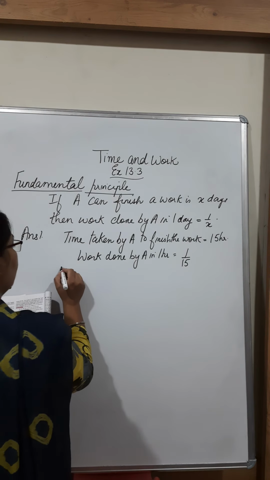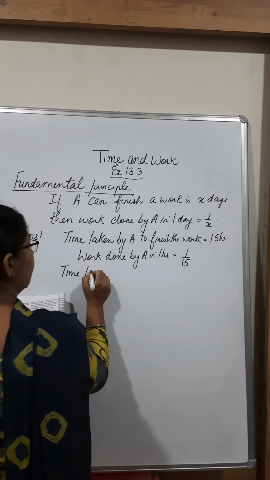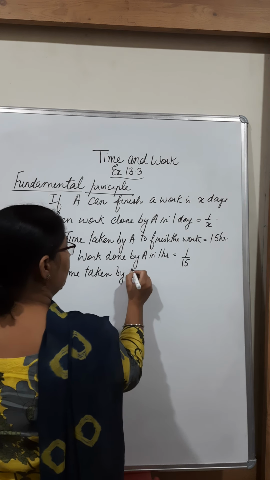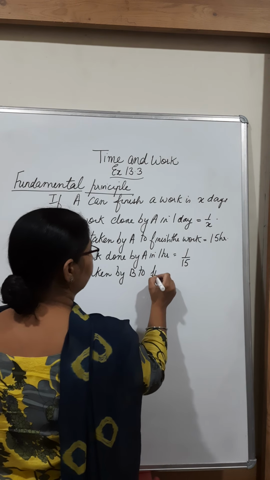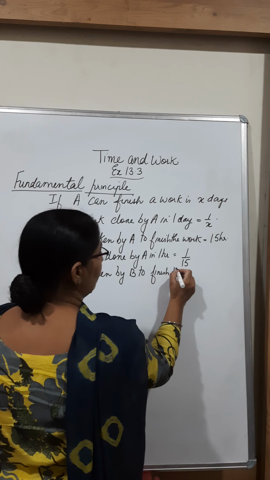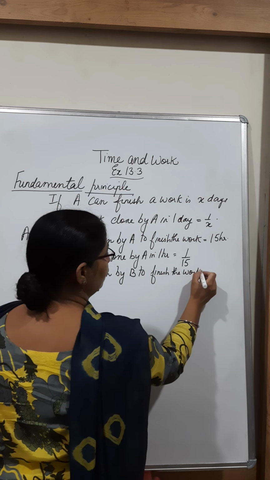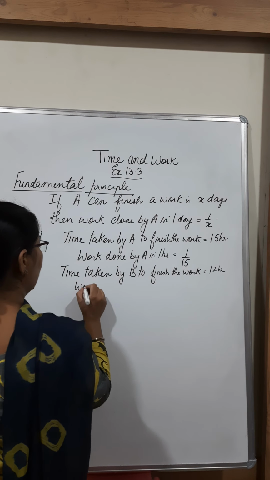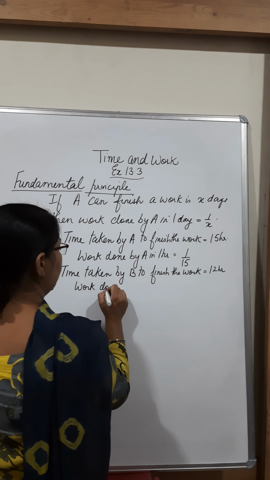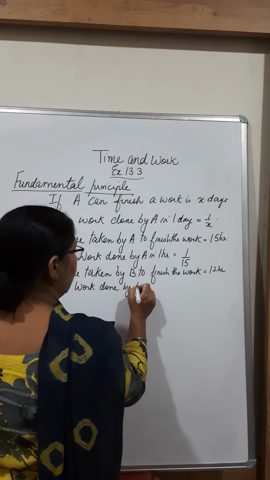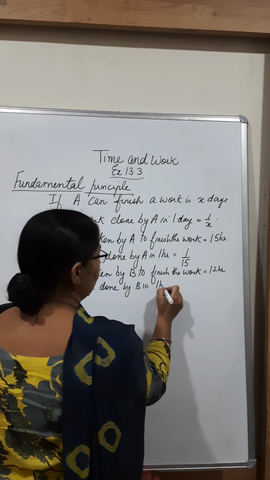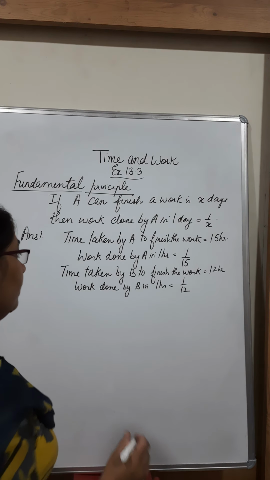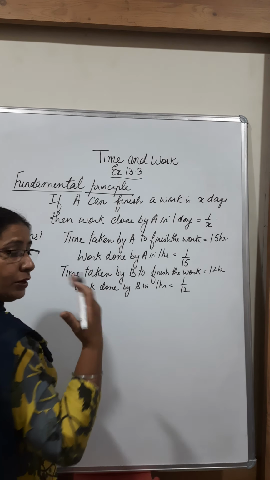Similarly, time taken by B to finish the work is 12 hours. So therefore, the work done by B in 1 hour will be equal to 1 by 12. Clear beta?